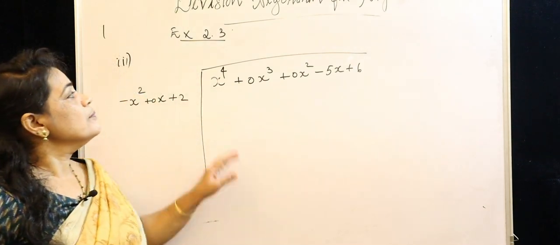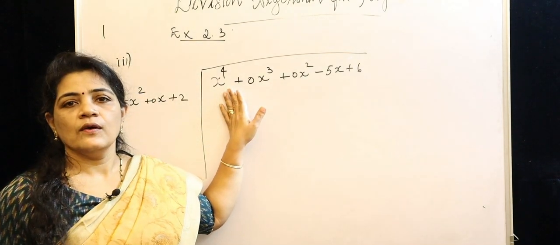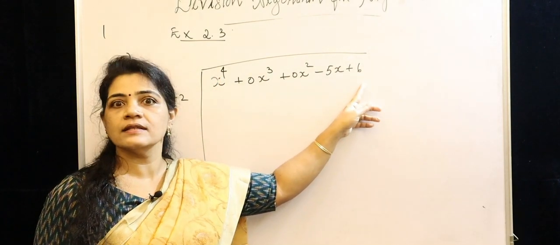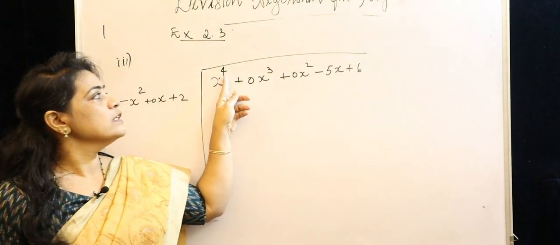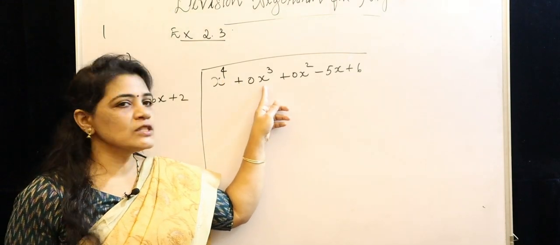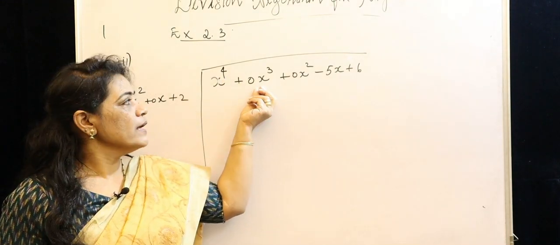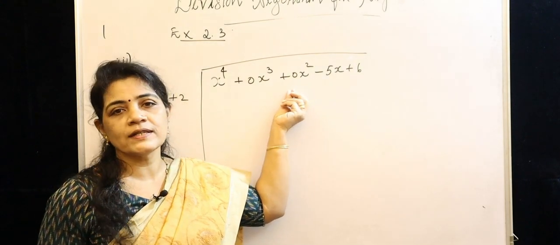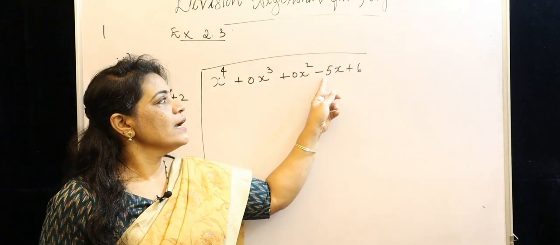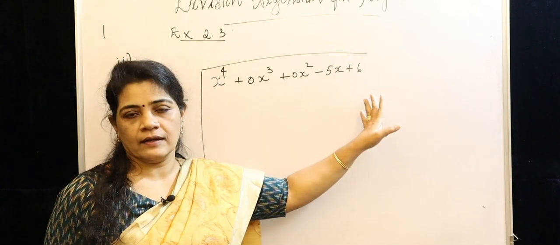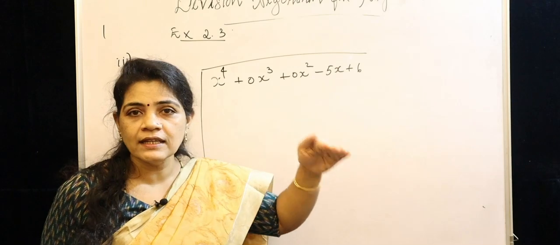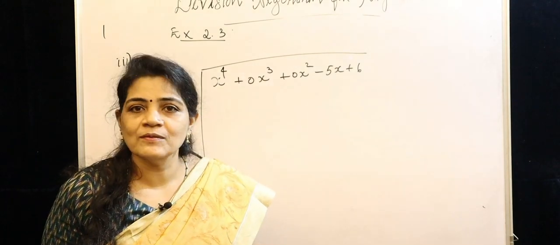Okay. Here the p of x is x raised to 4 minus 5x plus 6. This is a fourth degree and the x cube term is not there, so I made its coefficient 0, and the x square term is also missing, so plus 0x square, then minus 5x and plus 6 is there. Idea is clear, children? The terms should be arranged in descending order of degree to avoid unnecessary mistakes.